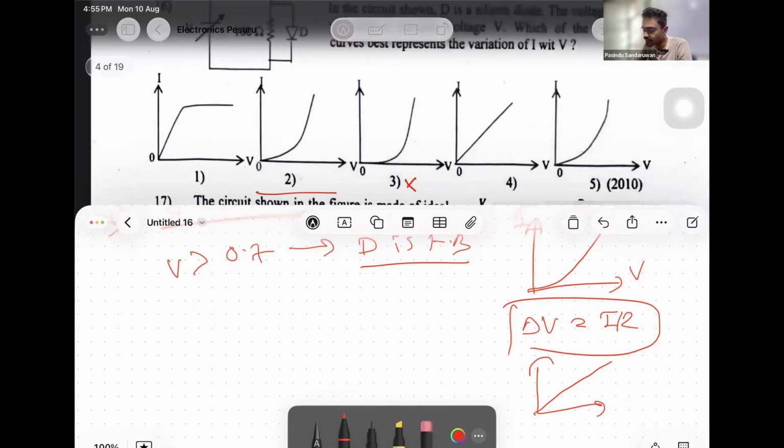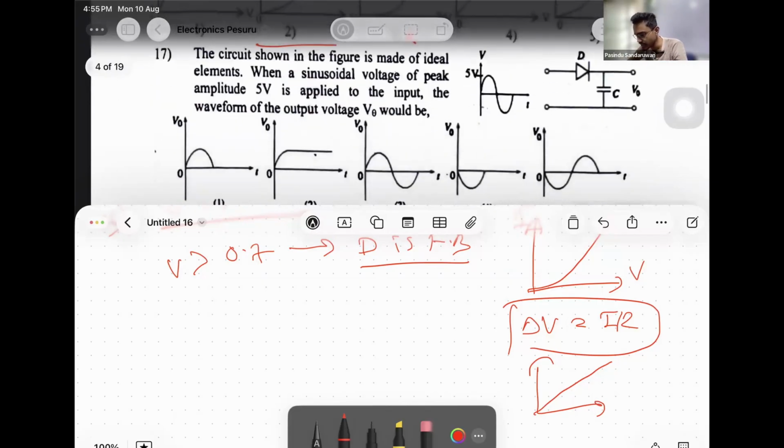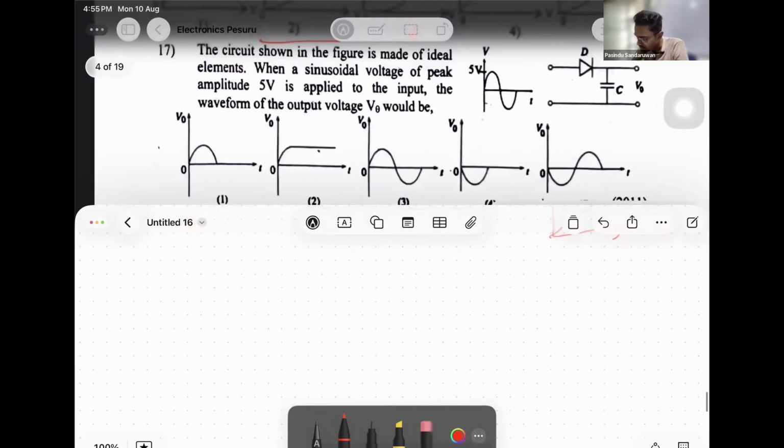So that cannot be a curve. Just as the diode, the resistor is also working, so it has the linear property. So it is 2. That's a small thinking out of the box. 17.